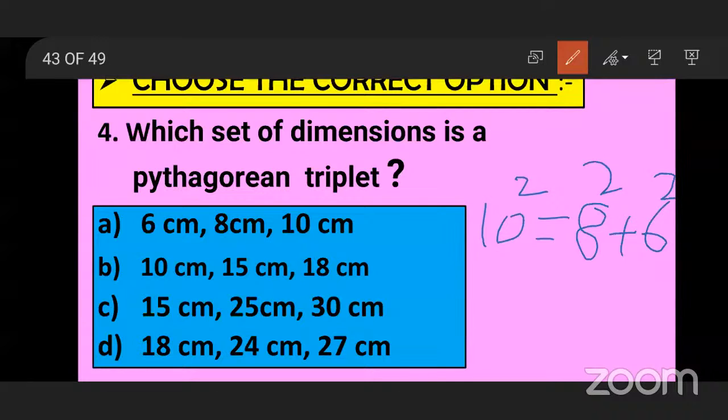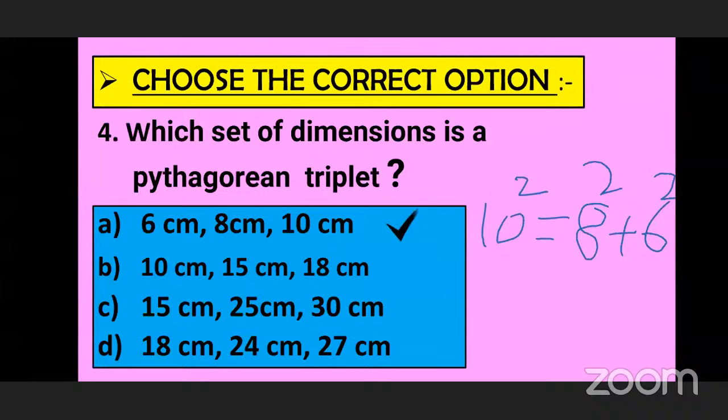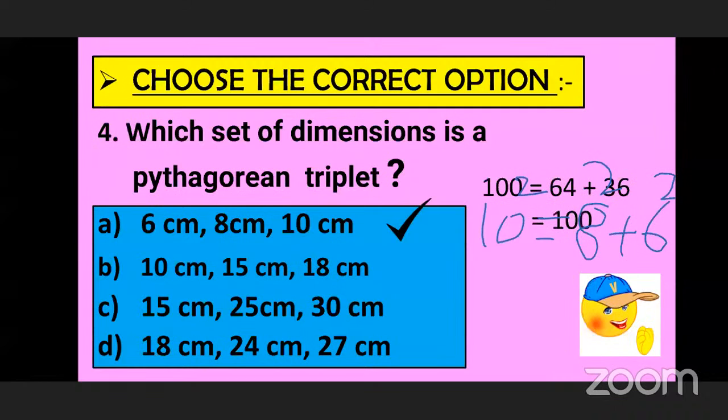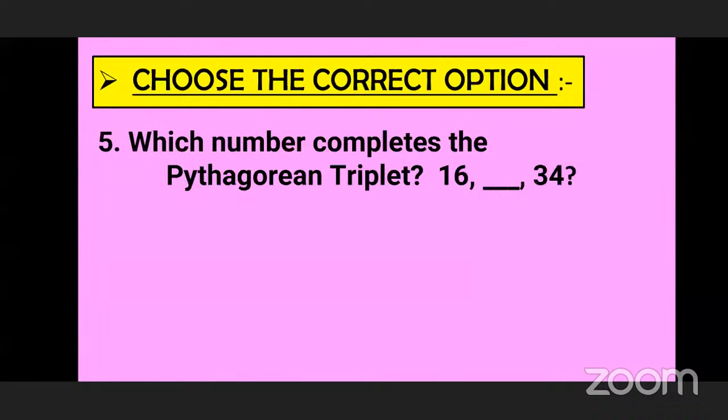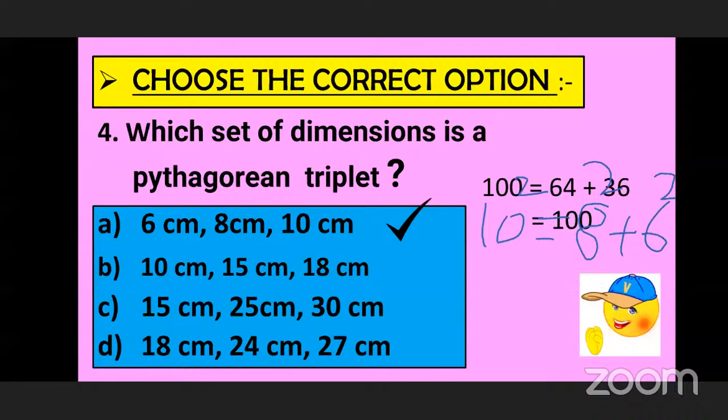Just now we have seen, children. You got the answer? Yes, 6 centimeter, 8 centimeter, and 10 centimeter. Okay, option number A. Very correct. So 100 equals 64 plus 36 equals 100. That means the option is first.